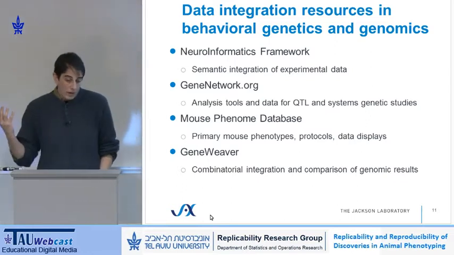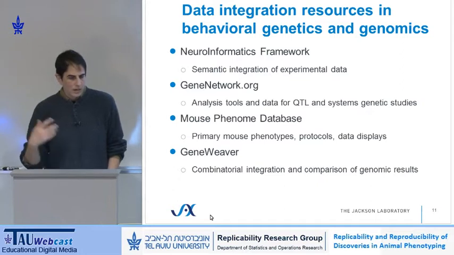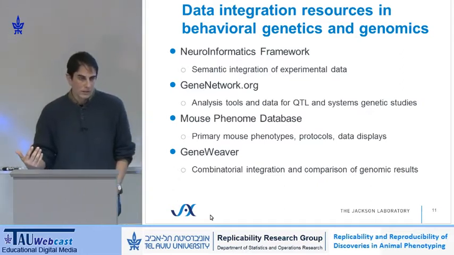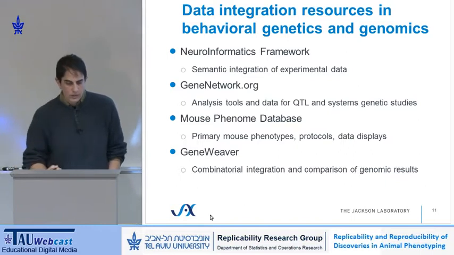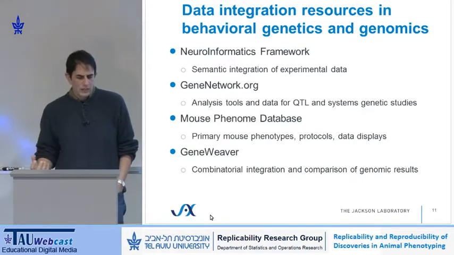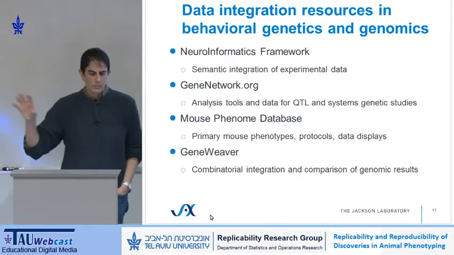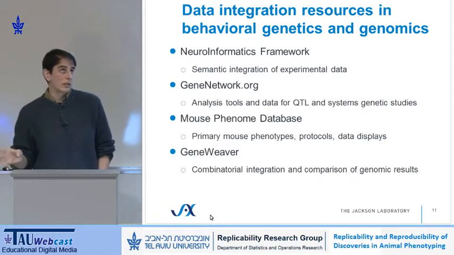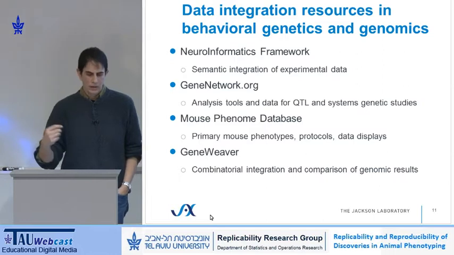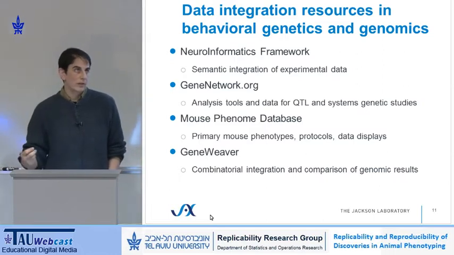So there's many different resources that can be used for these types of approaches. Semantic data integration, I guess one of the most heroic attempts would be the neuroinformatics framework. We saw genenetwork.org, which looks at genetics as the basis for integrating trait data. The mouse phenome database at the Jackson Lab stores primary mouse phenotypes, protocols, data, and allows for trait correlations and an examination of the stability of trait data within and across strains.